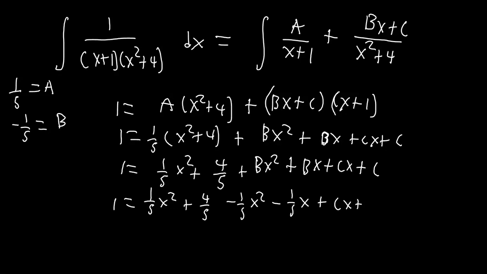Now, c here has to equal 1/5. And what's the reason? Well, there's no linear x term here, which means that c also has to cancel out with -1/5 here. So that's why we have to use c equal to 1/5.